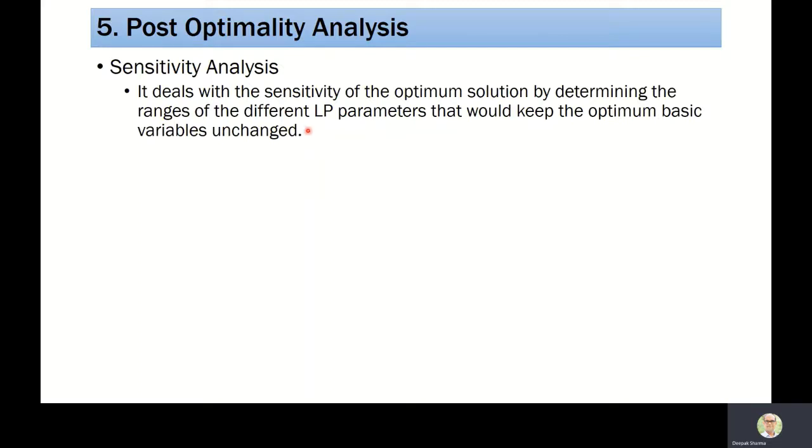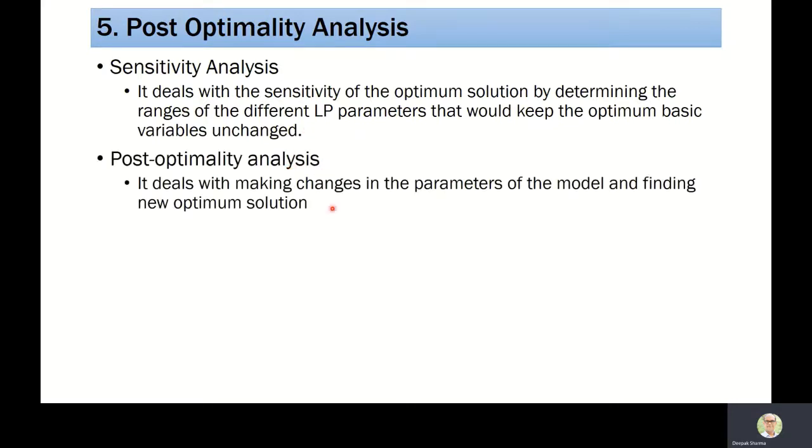We remember that we changed the right-hand side of the constraint, and there we made sure that the basic variable set remained the same. Similarly, when we change the objective function coefficients, there also we wanted our optimum solution not to change.